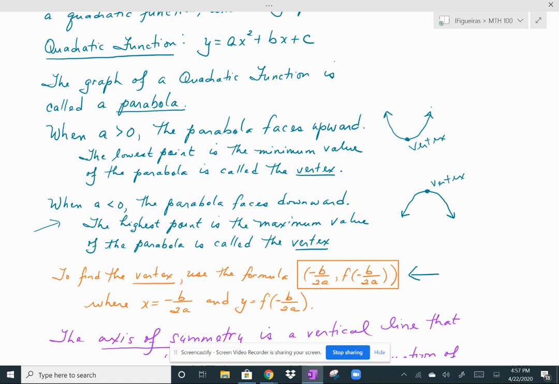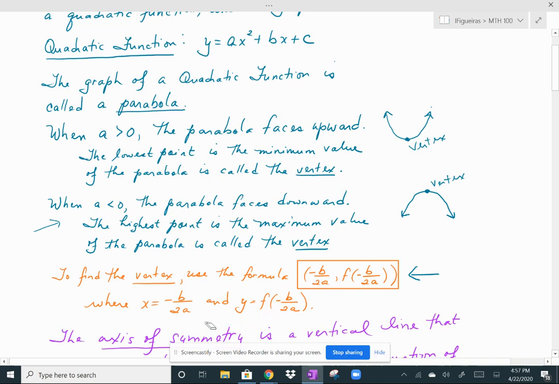And x is negative b over 2a, and you get the b and the a from the original function stated in standard form, ax squared plus bx plus c. And the y, you get by plugging in this number into the function and then evaluating for y.